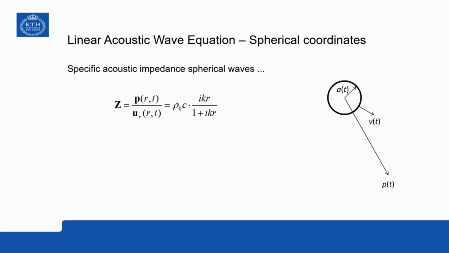So we will use it a lot later on in the course. And as I mentioned before, this specific acoustic impedance is very valuable if you know one of the fields, either the sound pressure field or the particle velocity field. Then you can calculate the other field simply by multiplying or dividing with the specific acoustic impedance.